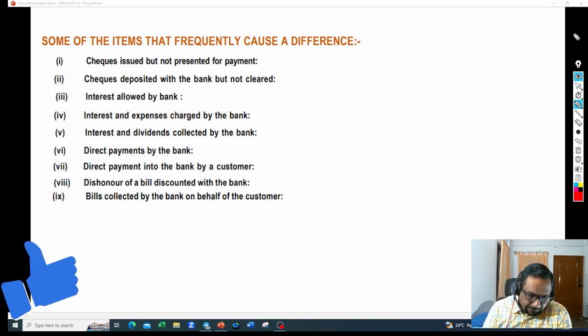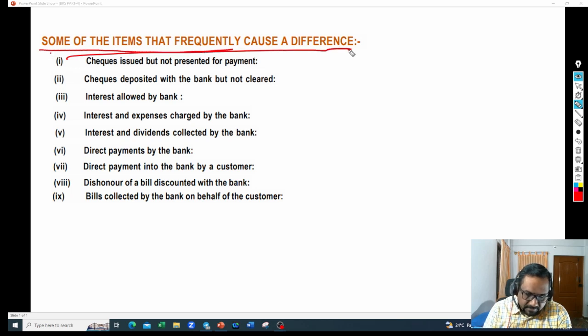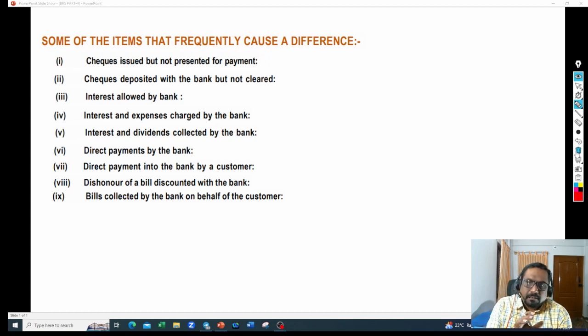Here you can see some of the items that frequently cause a difference between passbook balance and cash book balance. Some examples are given here. I'm going to explain these examples with a proper explanation by comparing passbook and cash book.